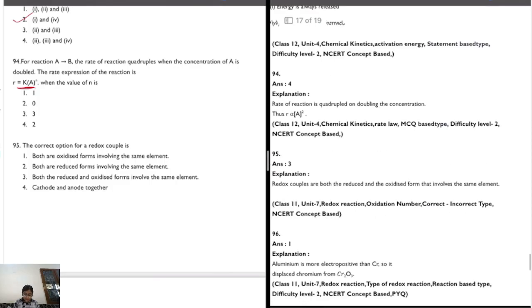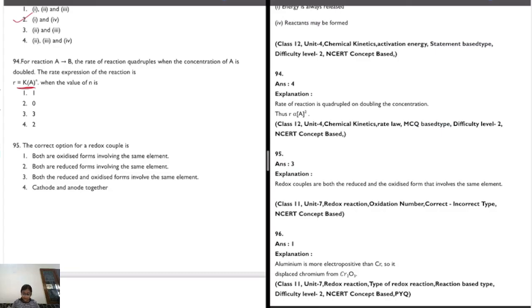If the rate of the reaction is quadrupling, say initially it was R, and now upon doubling A, that is making it 2A, we are getting 4R. It is becoming 4 times. How can it be done? It can be done in this way. Therefore, n equals 2.